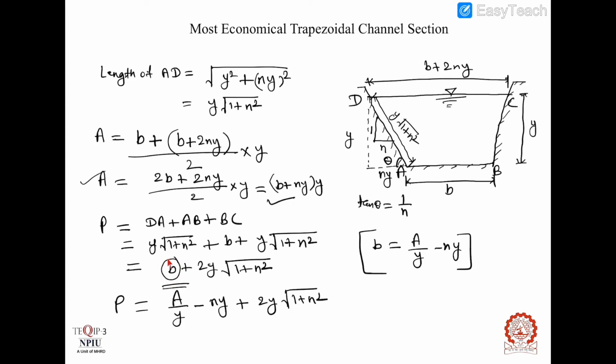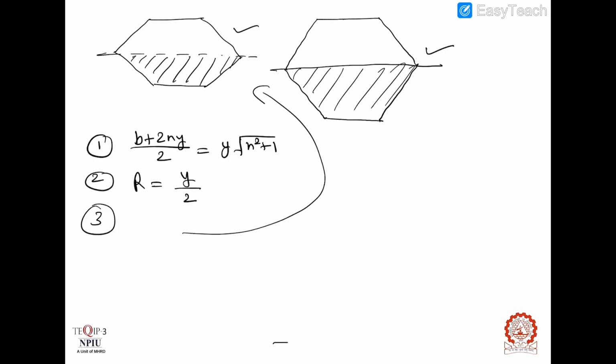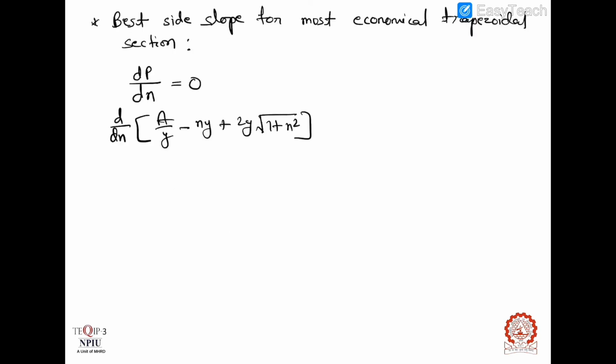After substituting the value of b in terms of area of flow from this expression, we found the perimeter in terms of area of flow, side slope and depth of flow, means A upon y minus ny plus 2y root over 1 plus n square. So this value we are differentiating with respect to side slope. Here A upon y, all the parameters are constant because we are varying only the side slope.